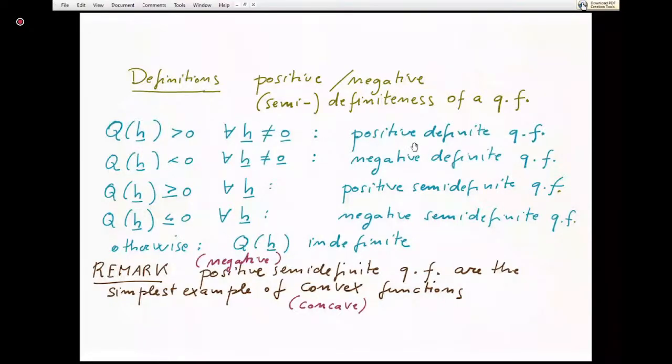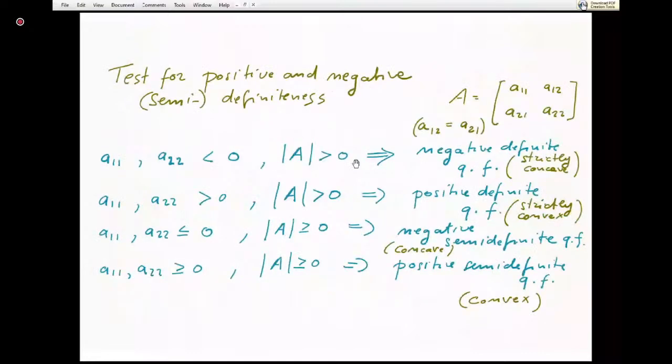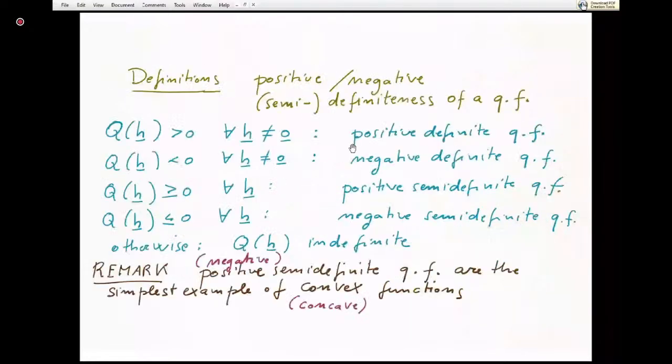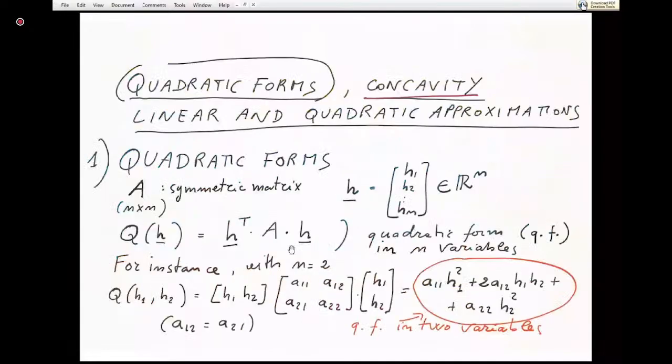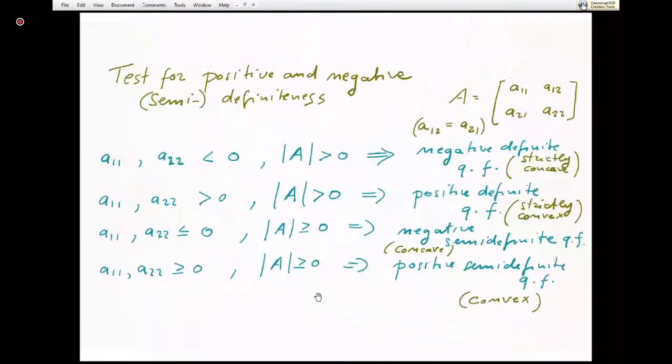We can characterize each of these cases by just looking at the Hessian matrix. What is the meaning of the Hessian matrix? By just looking at the matrix A that characterizes the quadratic form. So A is the matrix that characterizes the quadratic form. It is symmetric.